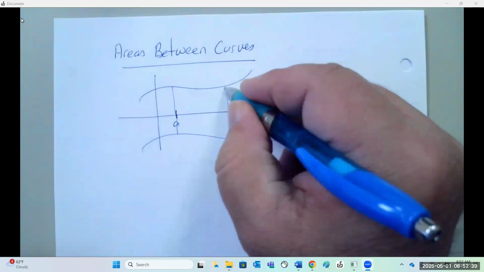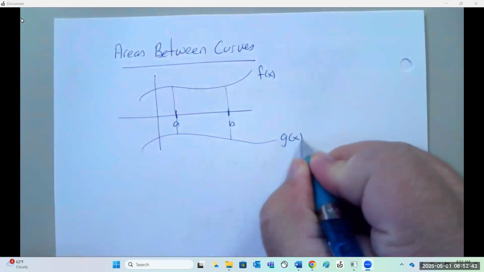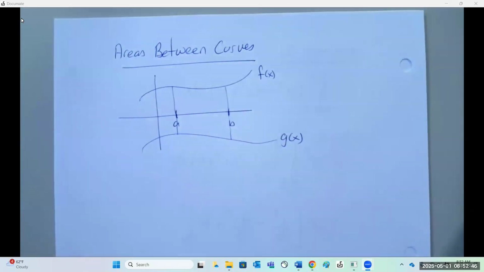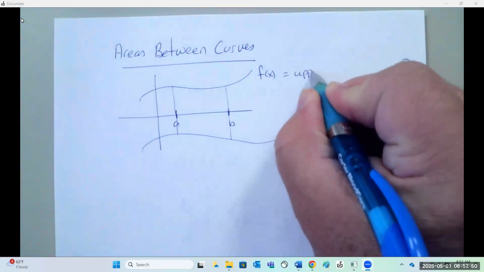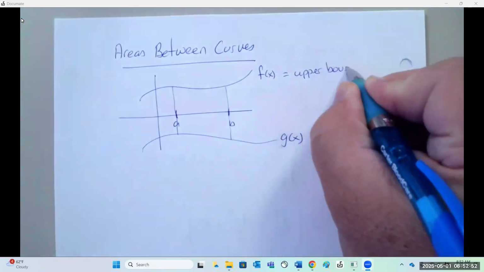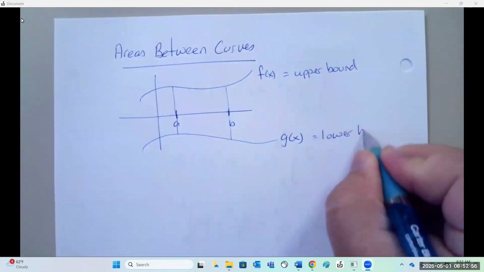So if I want to know the area, here's my f of x, and this is my g of x. This one, since it's above, is my upper bound. This is my lower bound.